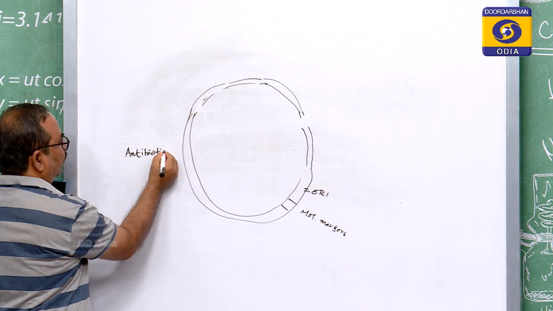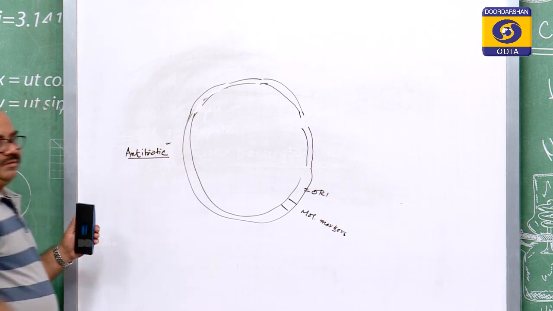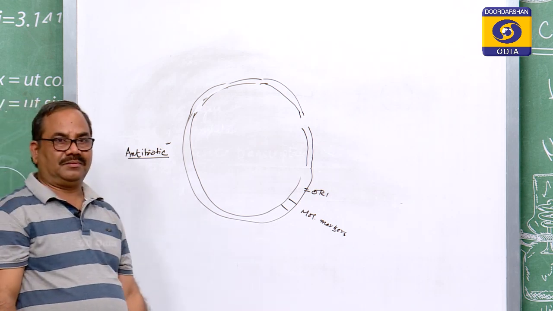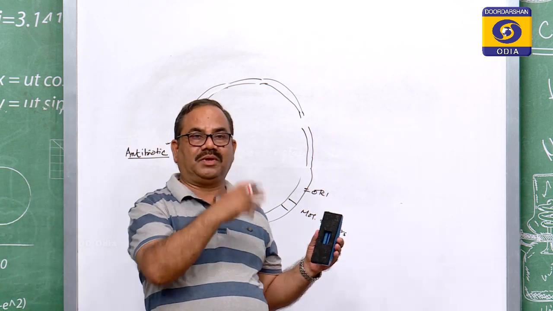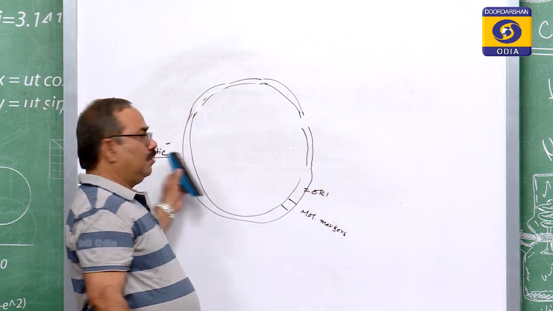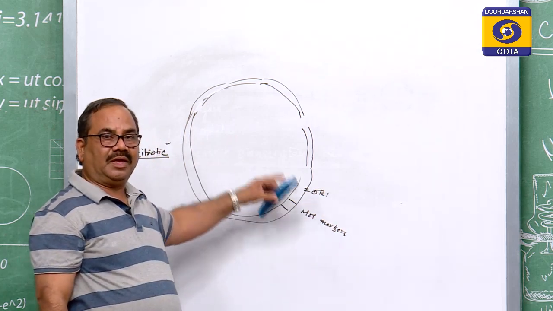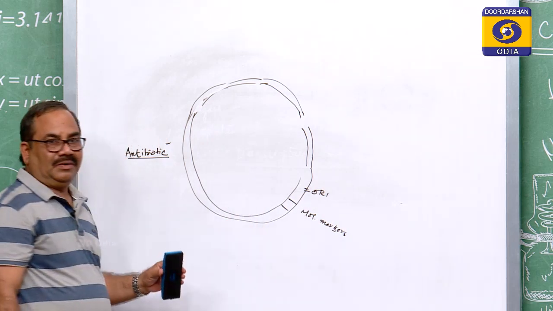If that particular gene is present, it gives resistance to that particular antibiotic. In the presence of that antibiotic, the bacteria having the molecular marker or antibiotic resistant gene can grow. That is very important.